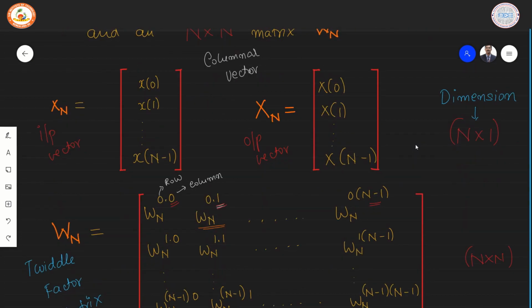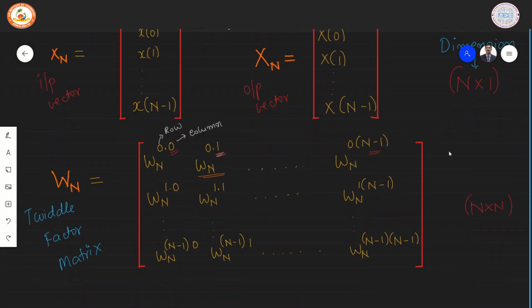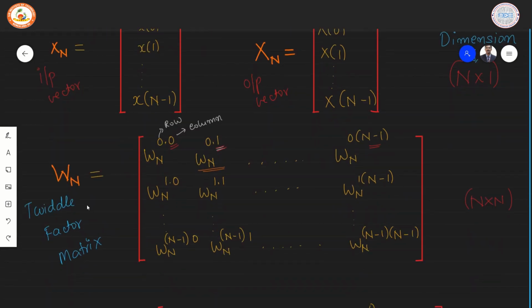Now, coming to the twiddle factor matrix, W_N is treated to be an N cross N matrix. To arrive at the values of this N cross N matrix, we take the value W_N for a certain number of points called N. This W_N is common throughout the whole matrix. The power of W_N is decided based on the row number and the column number.